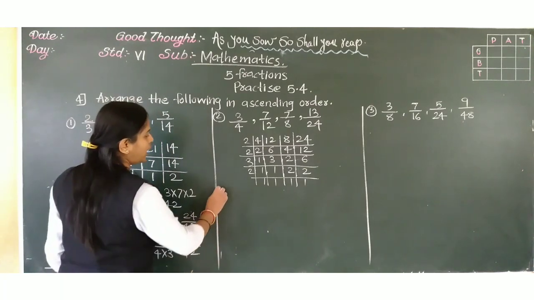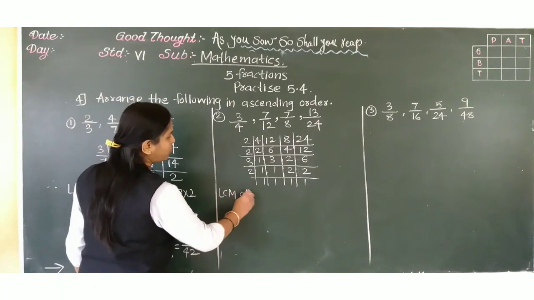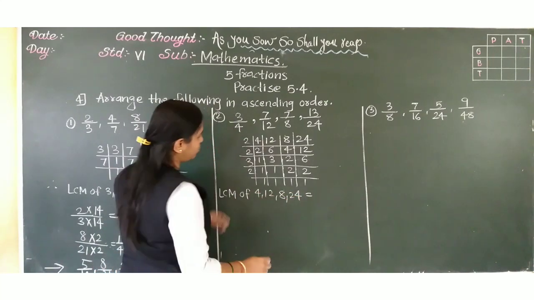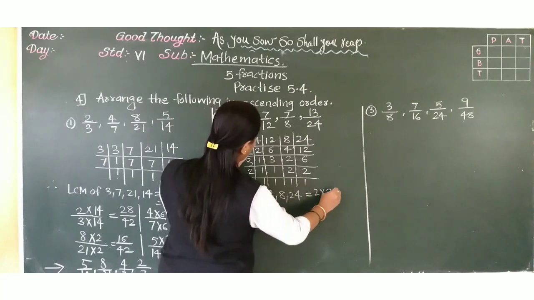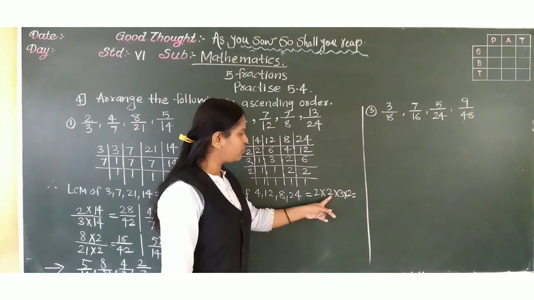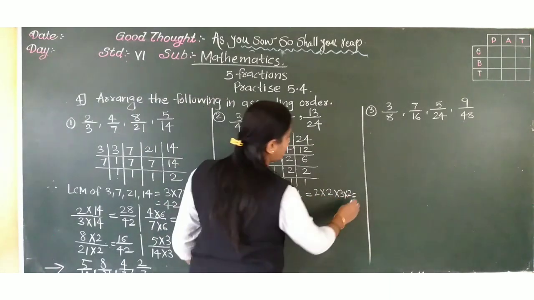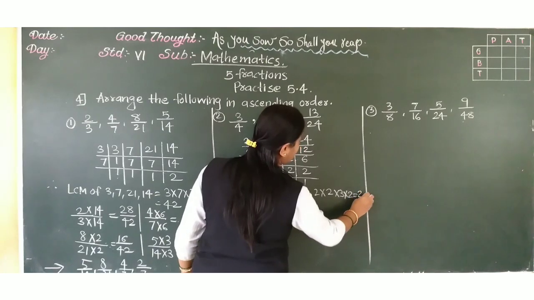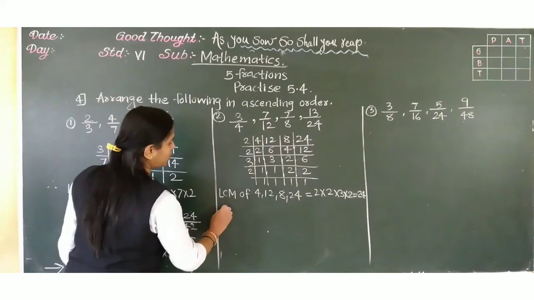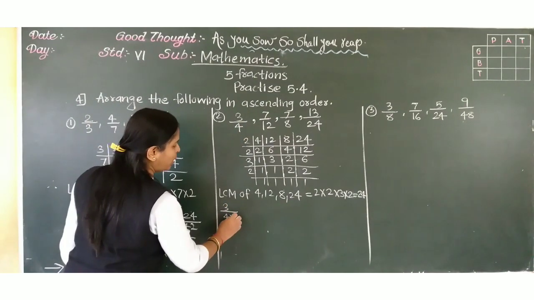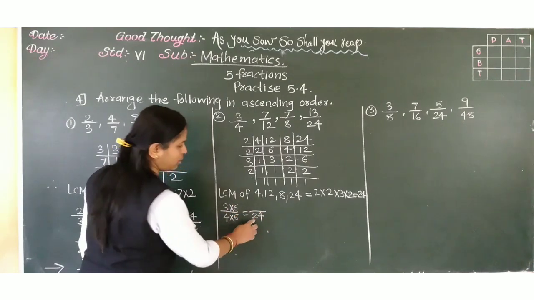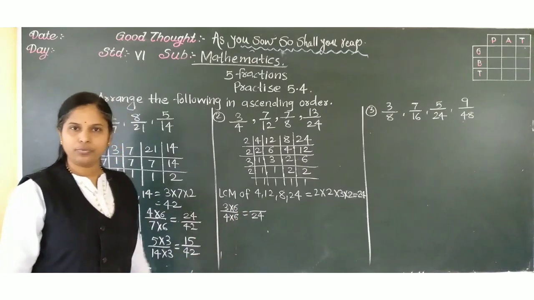Okay? So LCM of 4, 12, 8 and 24 is equal to, multiply this, 2 into 2 into 3 into 2. That is, see here, 2 twos are 4, 4 threes are 12, 12 twos are 24. So LCM is 24. Okay? Now, 3 upon 4. To get 24, we have to multiply it by 6. 6 fours are 24. The denominator should be 24.